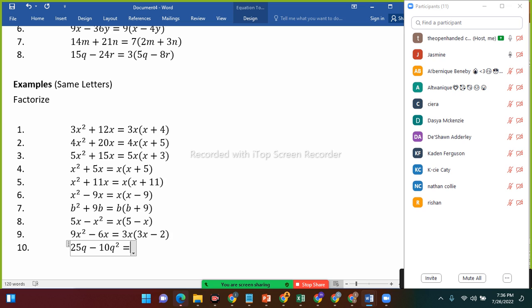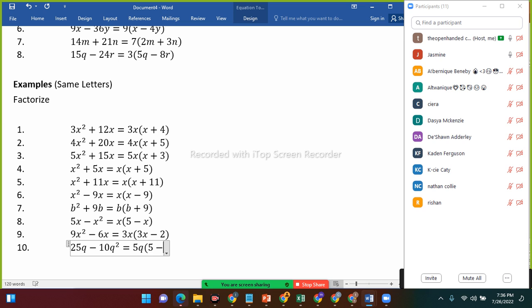5q, open bracket, then q. Well, we need 25. What times 5 gives me 25? All we need is 5, because 5q times 5 is 25.